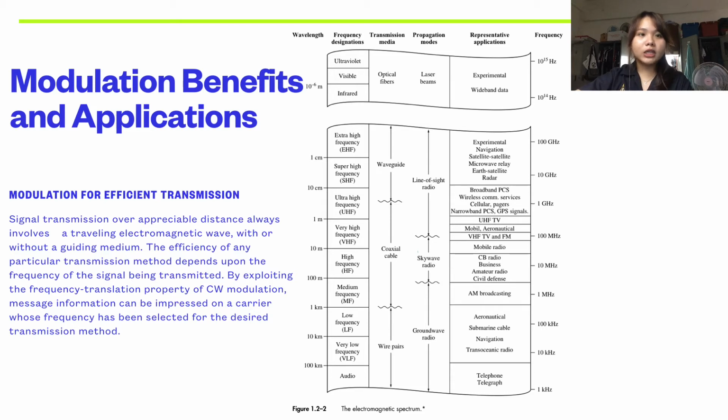Also indicated is a representative application authorized by the U.S. Federal Communications Commission, FCC. It should be noted that throughout the spectrum, the FCC has authorized industrial, scientific, and medical, ISM bands.